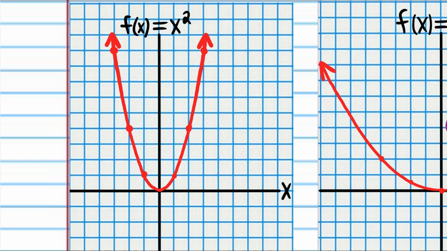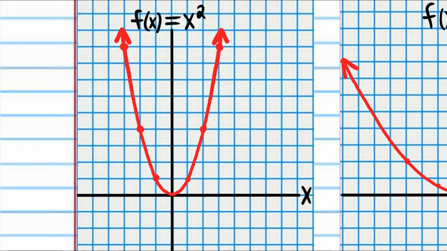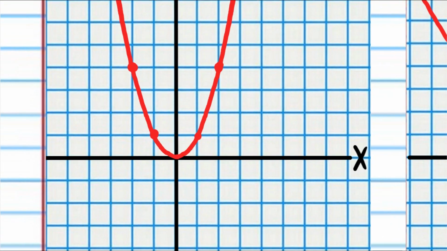But what if we go to a curve? How do we measure the rate of change of the function as the x values change? In other words, how do we measure the rate that the y values of the graph are changing as the x values change? Well, obviously it's a little more complicated, but let's use the same technique to measure the rate of change of this function. Let's choose these 2 points here.